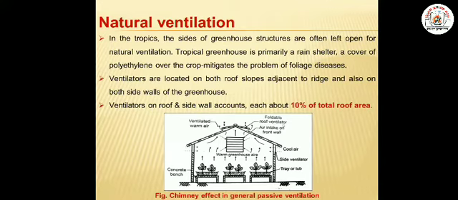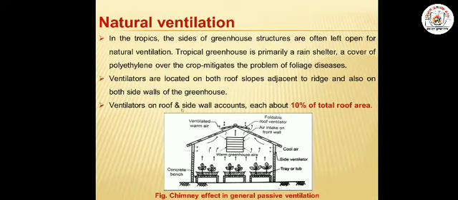Foldable roof ventilators are provided on this side also and on this side also. Ventilators are located on both the roof slopes adjacent to the ridge and also on both side walls of the greenhouse.